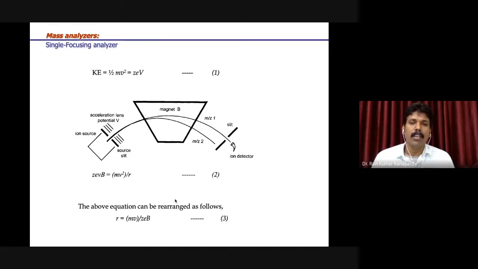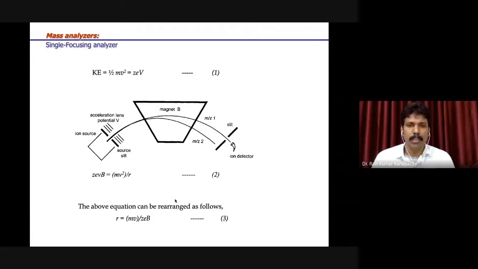That is the job of the ion analyzer, or in short form, the analyzer. The analyzer analyzes the fragmented ions which are formed in the previous chamber, the ionizer, and then it separates them.